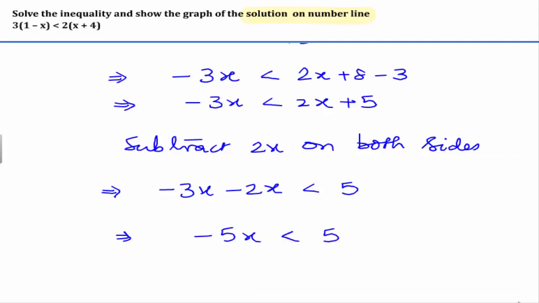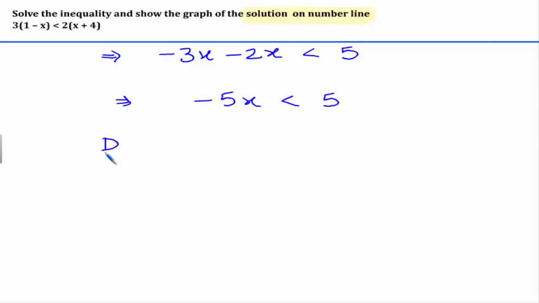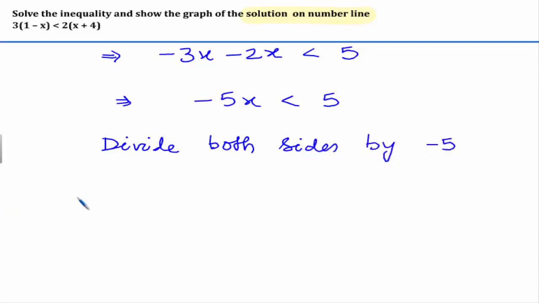Now the coefficient of x is minus 5. Therefore let us divide both sides by minus 5. So what shall we get here? When we divide minus 5x with minus 5, we get x, and 5 with minus 5, we get minus 1. But very important thing is, when you are dividing both sides of an inequality with a negative quantity, the symbol of the inequality changes.